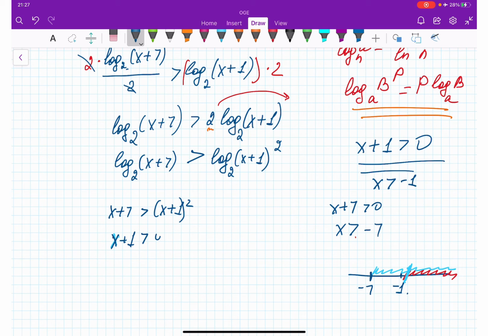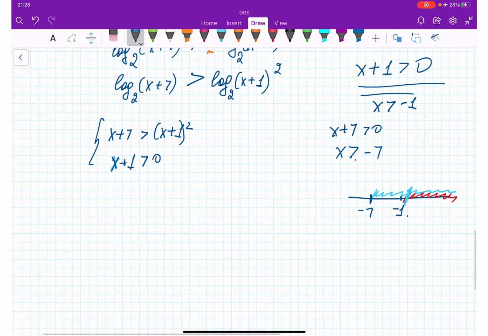So from here, in the second one, I'm going to put x plus 1 greater than 0. Okay, let me solve it. Oh, I have it squared there. Okay, I have to open it. So x plus 7 greater than x plus 1 squared. It's going to be x squared plus 2x plus 1.